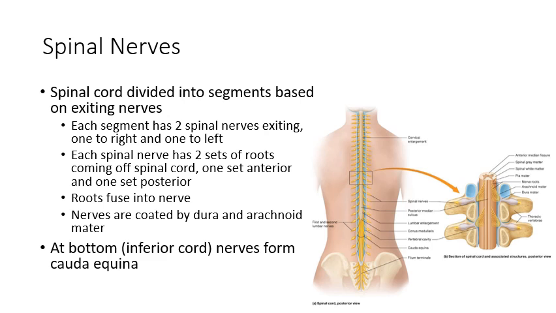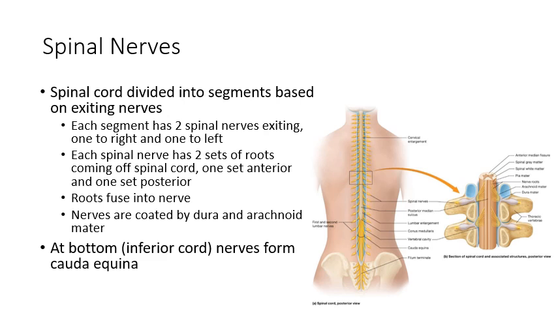One of those roots is carrying sensory axons and the other is carrying motor axons. So the dorsal root has sensory axons that are going to be entering the spinal cord, and the ventral root has motor axons that are going to be exiting the spinal cord. And then those roots fuse together to make a nerve. Those nerves, again, are coated by the dura and arachnoid matter from the spinal cord itself, but not by the pia mater.